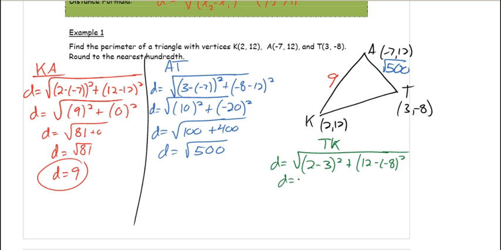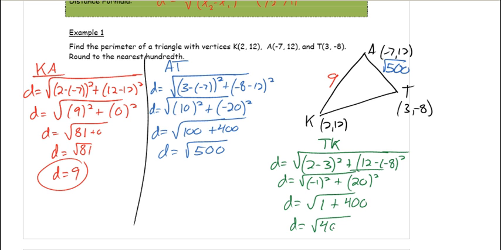So we have D equals the square root of negative 1 squared plus 12 minus negative 8 becomes positive 20 plus a positive. D equals, this one's not too bad, negative 1 squared is 1, positive 1, plus 400. D equals the square root of 401. Okay, so it becomes square root of 401 here.